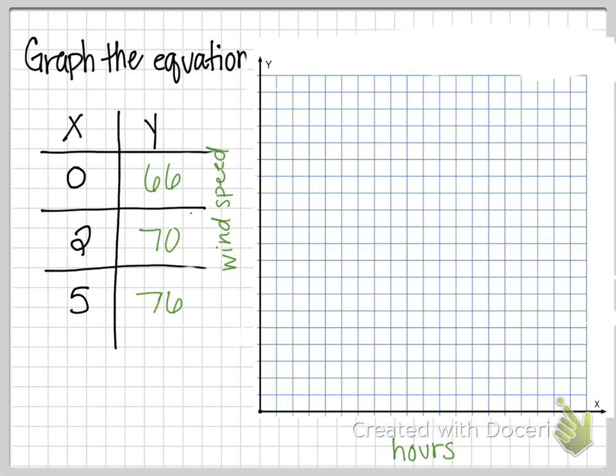So now let's just label a couple points along our axis. This is 1, 2, 3, 4, 5 hours, and this is still at 0. And then my y-axis doesn't have to be the same as my x-axis. Notice how much bigger the numbers are in my y-axis. So I could actually go by 20s or something. I'm going to do this little scratchy thing in there between 0 and 20 because I'm not going to count all those smaller numbers.